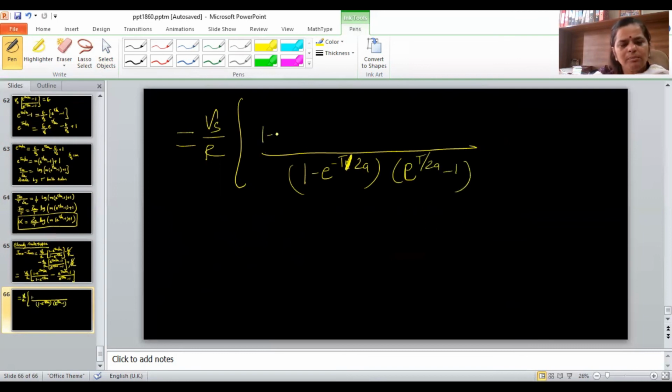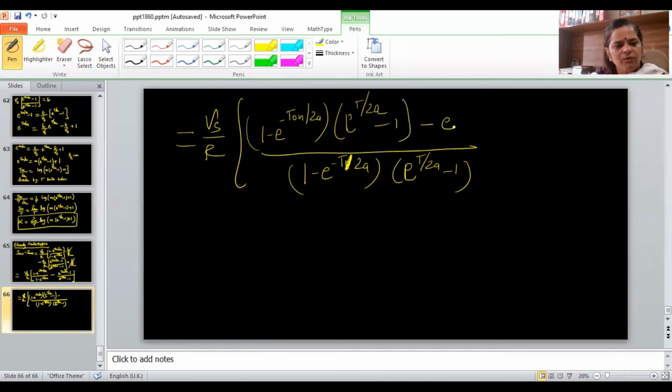And here 1 minus e to the power minus T on by τ multiplied by e to the power T by τ minus 1. And similarly, here what will we get? e to the power T on by τ minus 1 multiplied by 1 minus e to the power minus T by τ. Okay, and bracket close.